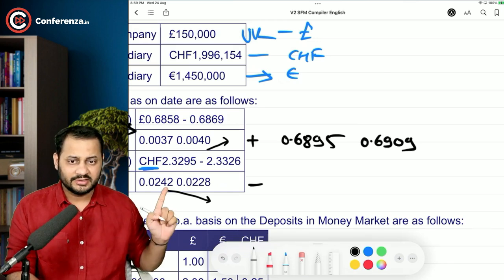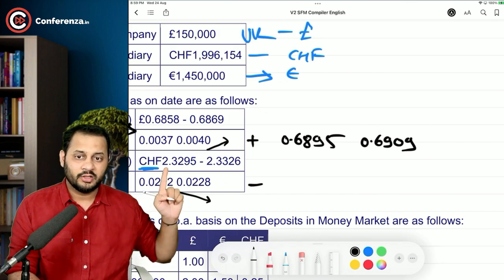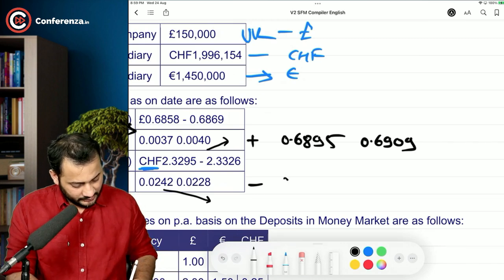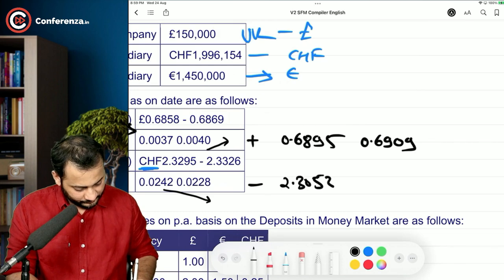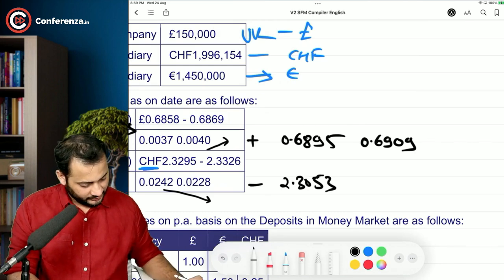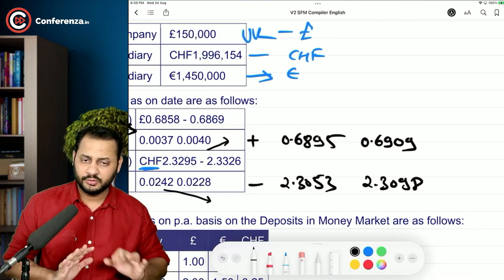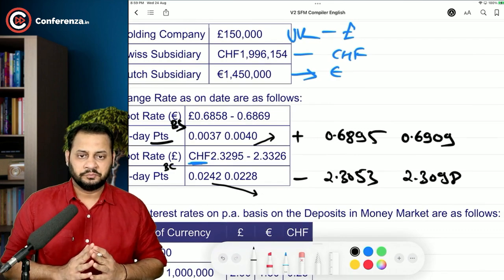Okay. And in this case, we are going to deduct because the swap points are going down. 2.3295 minus 0.0242, that's 2.3053. 2.3326 minus 0.0228, that's 2.3098. Cool? Okay.